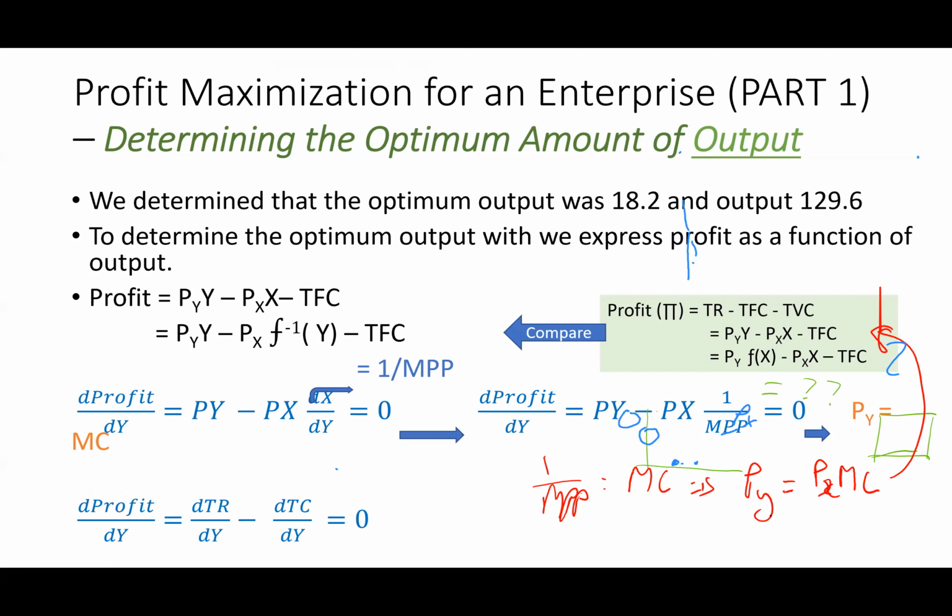So what we're trying to find out is that, given the output price and the input price, the input value that we need to use cannot exceed the output price. Otherwise, again, we'll be losing money. We can call this value marginal cost: the value of the input has to be equal to the price of the output.